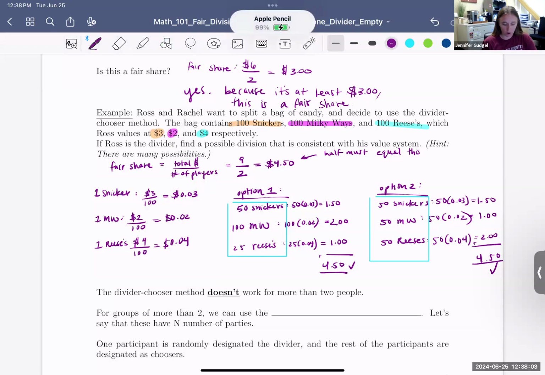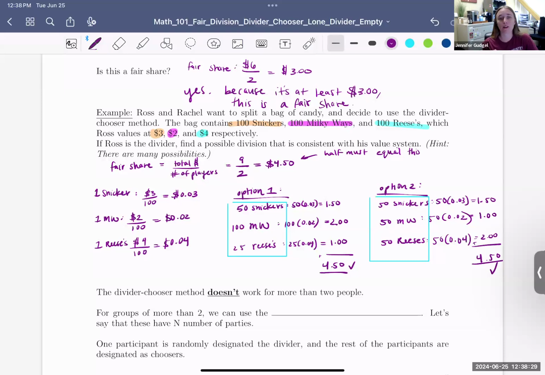Maybe we could do all 100 Snickers. All 100 Snickers is $3. So now I just need an extra $1.50. 100 Snickers, 100 Milky Ways, $3 plus $2. Oh, nope, that's too much. We can't do that because now I'm at $5 and that's more than half.